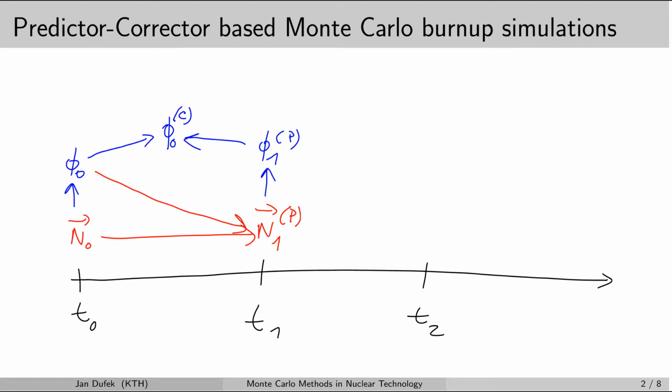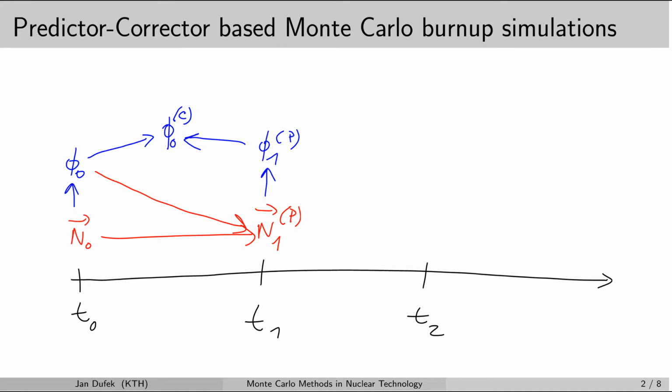So the idea behind this scheme is that the corrector flux is a better representation of the neutron flux over the time step than the initial flux phi 0, because it combines the initial flux with the flux which is predicted at the end of the time step.